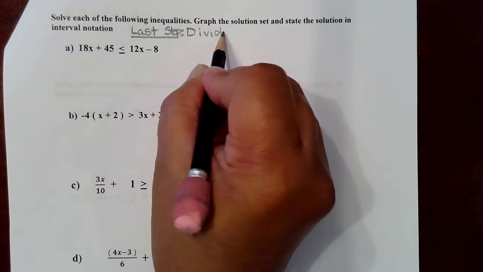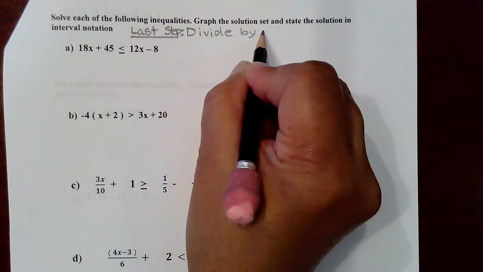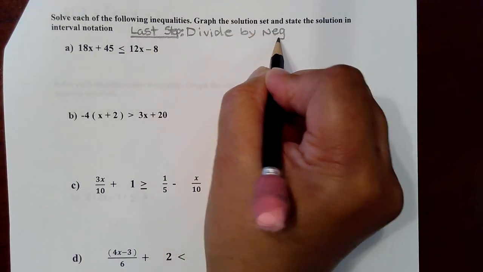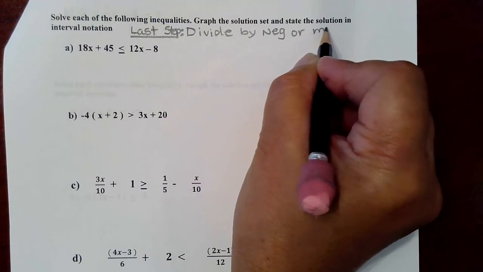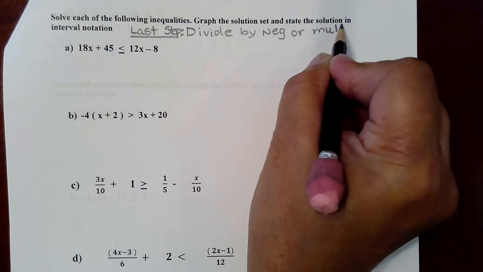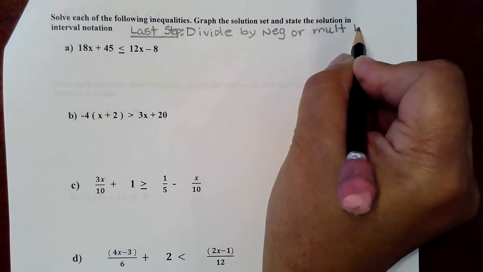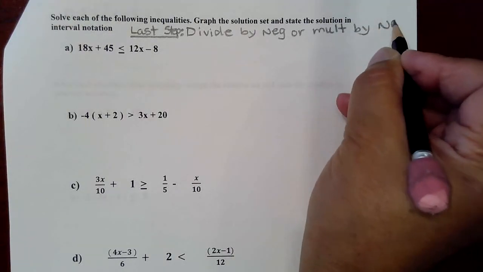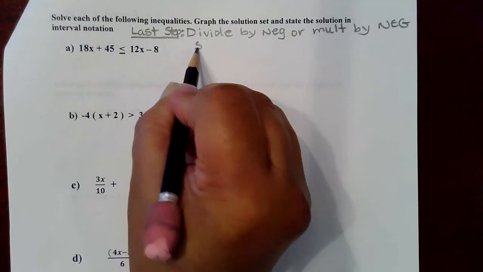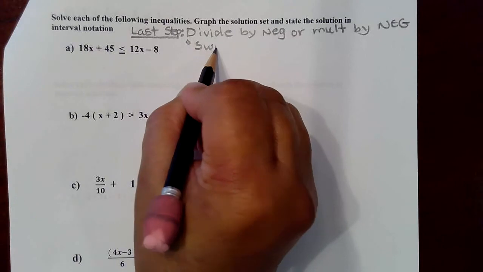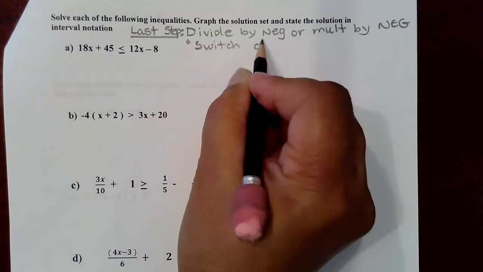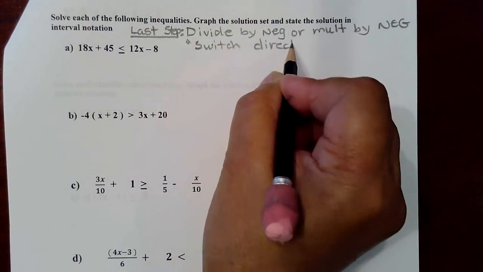If you find yourself dividing by a negative or multiplying by a negative fraction, that is when you are going to switch the direction of the inequality symbol.